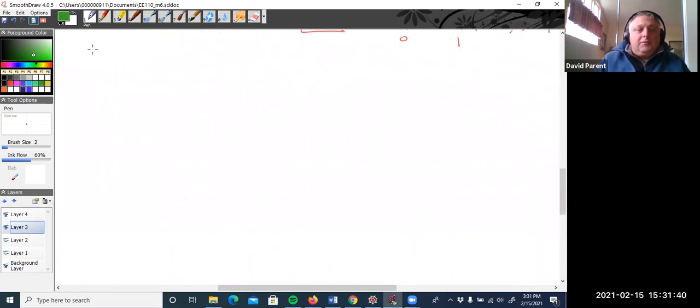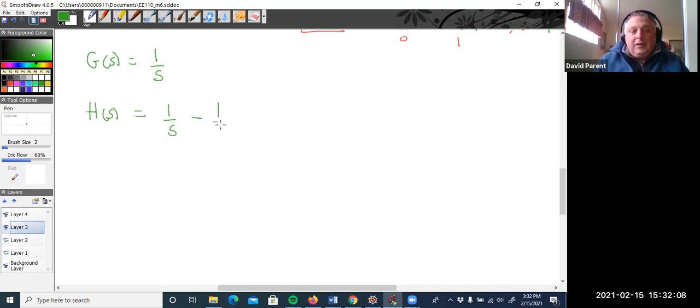All right. So g of s was a step function, right? Because in the time domain, it was a step, so g of s is just a step. I looked it up. The h of t was a ramp, so that becomes this. These happened at 0 time.